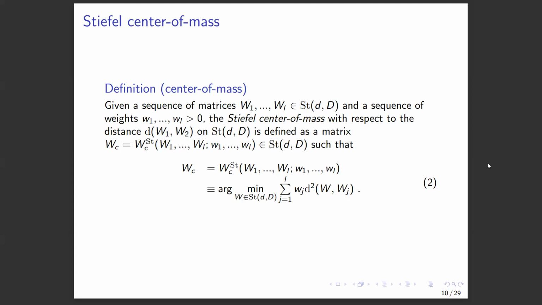After introducing the concepts of the Stiefel and Grassmann manifold, let's explore how to calculate their center of mass. Given a sequence of matrices W1 up to Wi on the Stiefel manifold and the corresponding weights, the Stiefel center of mass with respect to the distance is defined as the matrix that minimizes the function given by the weighted sum of squared distances, as you can see in the formula we have here.